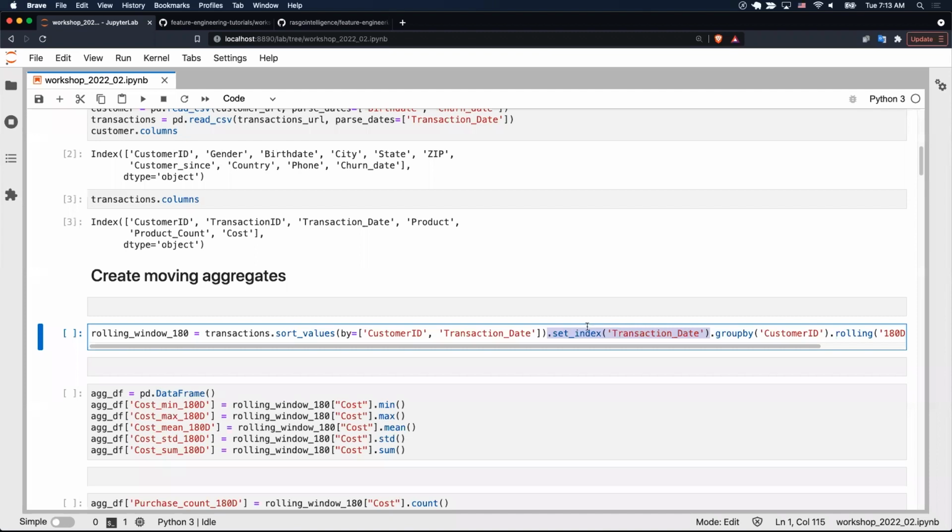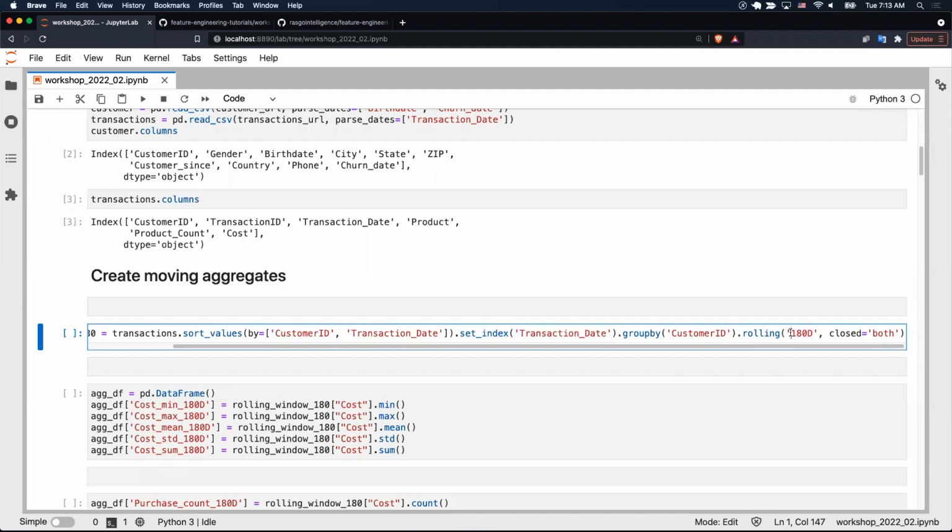And then once I have my index at that date level, I want to create a second group on the customer ID. And so I now call rolling. Rolling takes two kinds of values. So in this case, I'm creating a rolling on 180 days because I've set the index to the transaction date.